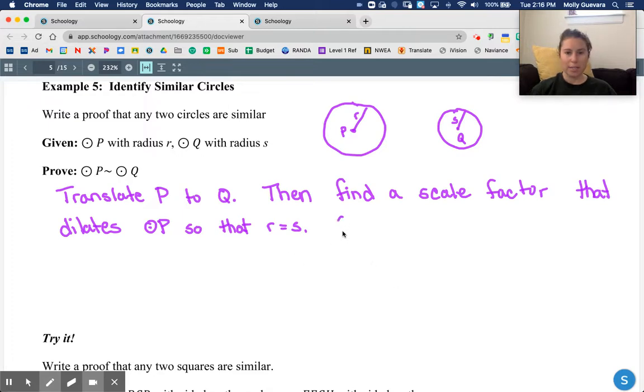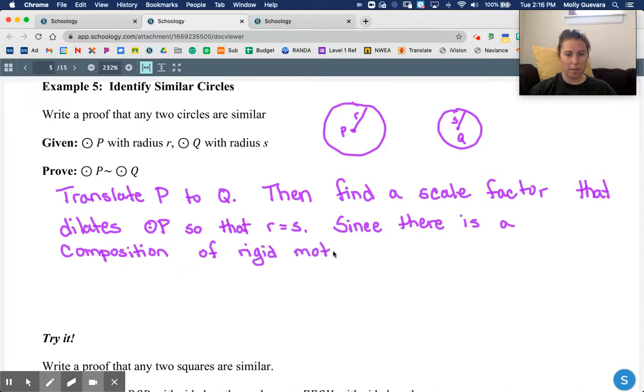So we can say since there is a composition of rigid motions, so since I was able to use translation, reflection, rotation, dilation, right?